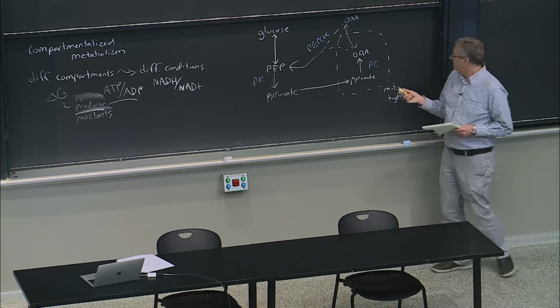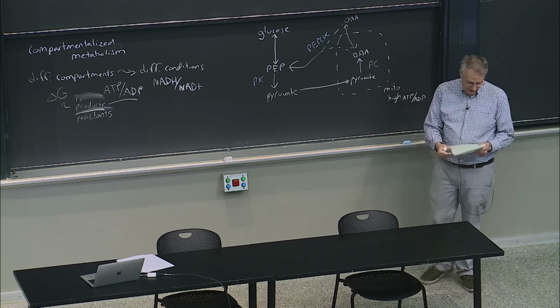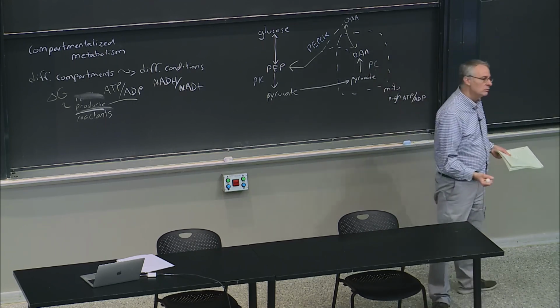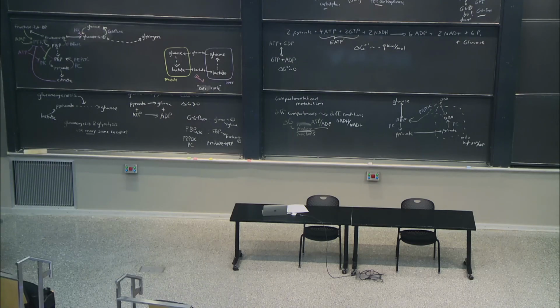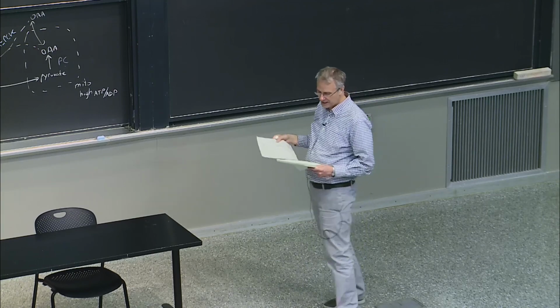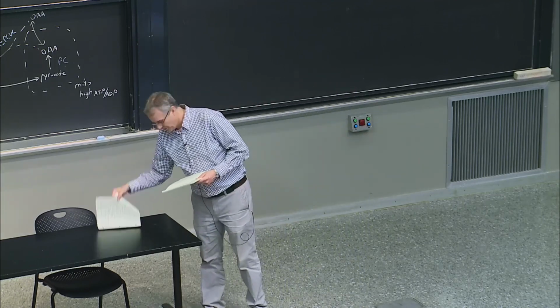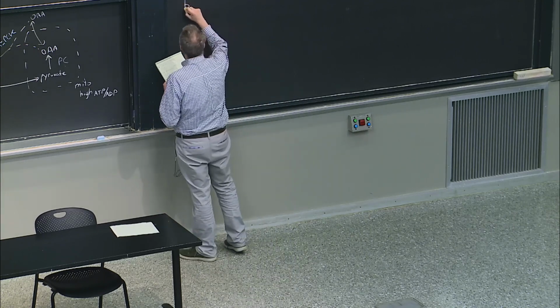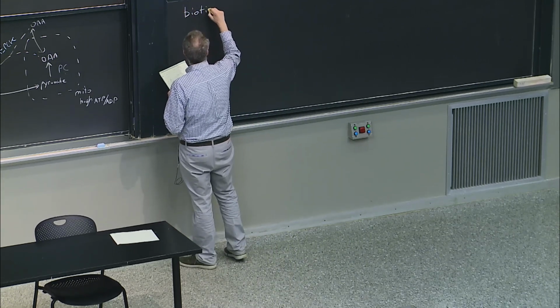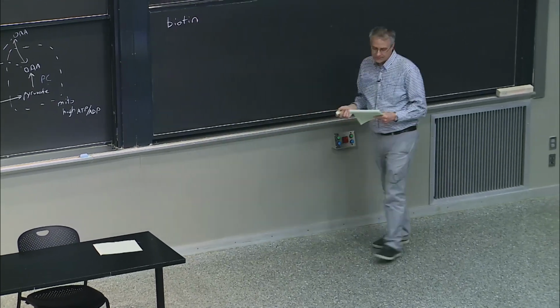All right, let's start by talking about how pyruvate carboxylase works. This is an example of a carboxylation reaction, that is, adding a CO2 group to a molecule to make a carbon-carbon bond. That purple CO2 is added to the CH3 of pyruvate to make oxaloacetate. And how this happens, in many cases, uses a cofactor, and that cofactor is called biotin.